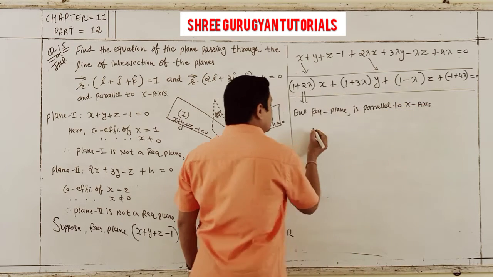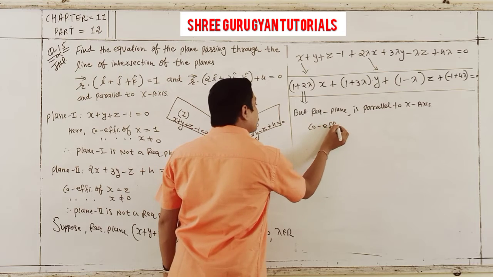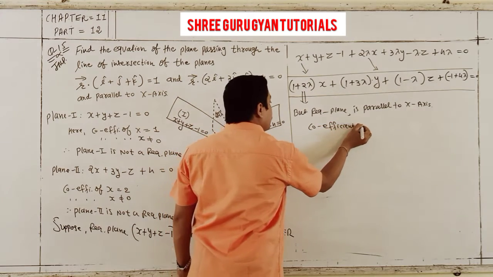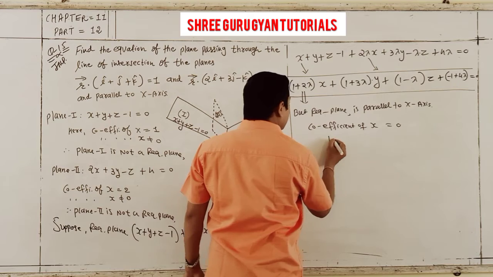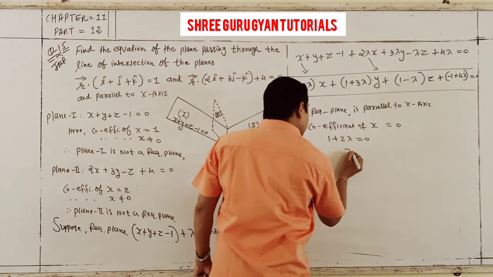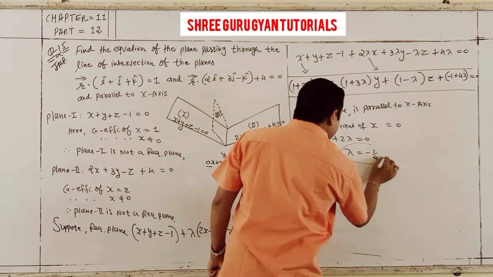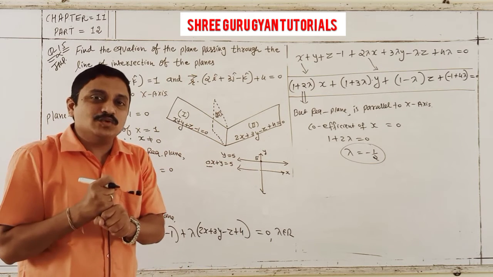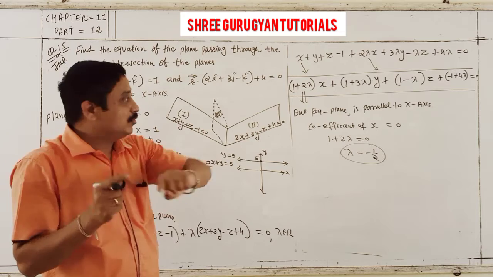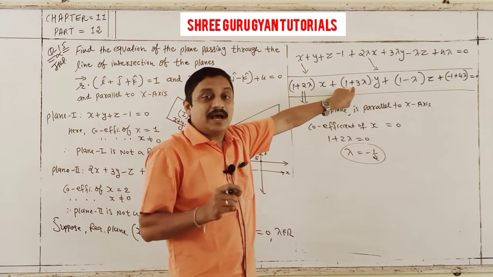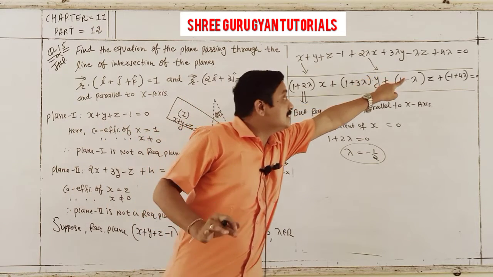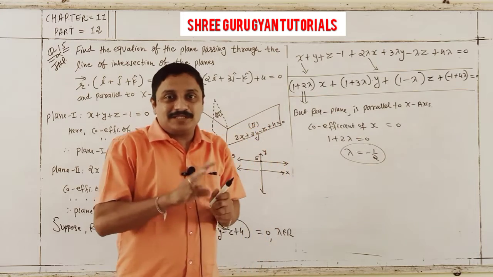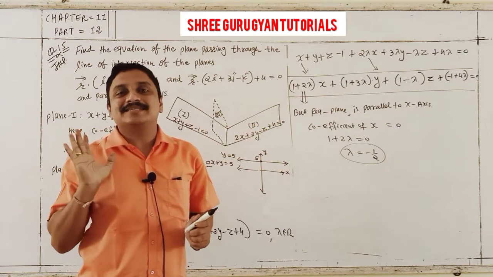Therefore I will set the coefficient of x to 0, and that is 1 plus 2 lambda equals 0. It means lambda becomes exactly minus half. Sometimes the same is given as parallel to the y-axis, then you take the y coefficient 0. Either parallel to z is given, then the z coefficient is 0. It means three numerical problems in the same pattern are asked in exams.